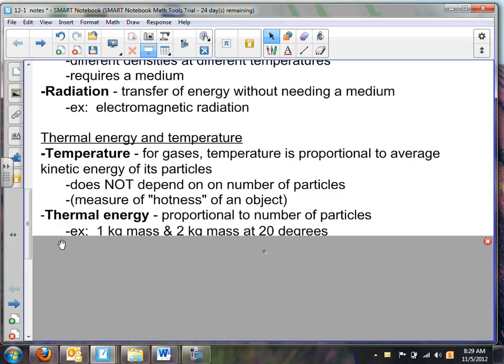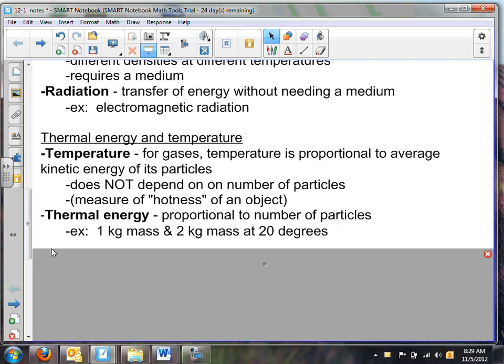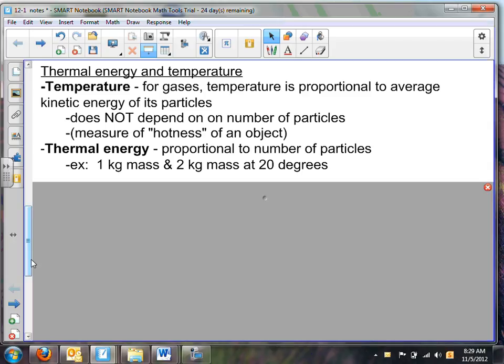Thermal energy, on the other hand, is proportional to the number of particles you have. If you have two different masses, a 1 kilogram mass and a 2 kilogram mass, they're both at 20 degrees Celsius, they would both have the same temperature.